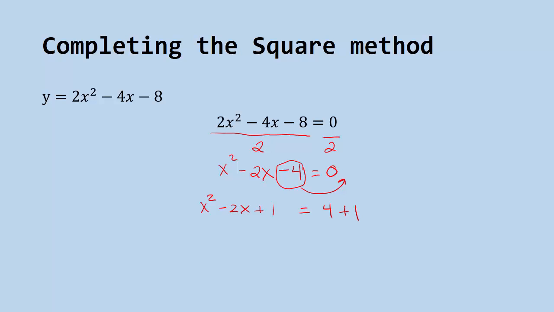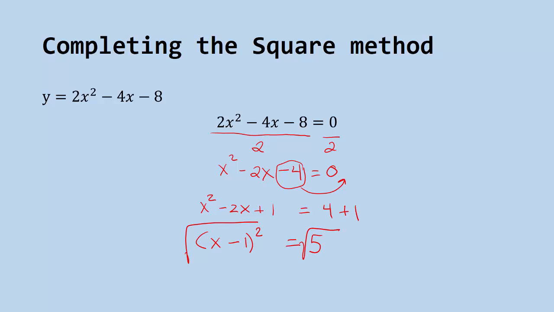Now we have our format where we can now take the left side, x minus 1 quantity squared. On the other side, we now have 4 plus 1 is 5. We're now set up to use extraction of roots, where we take the square root of both sides of the equation to solve. Take the square root of both sides.